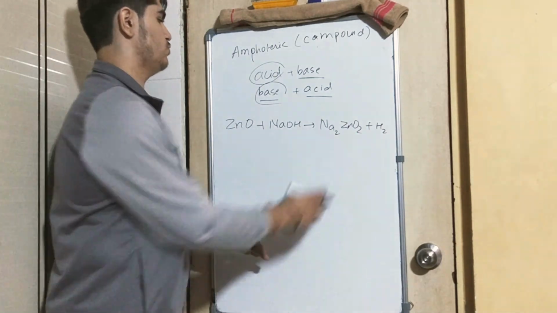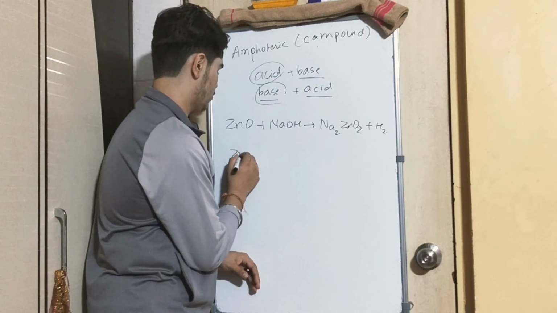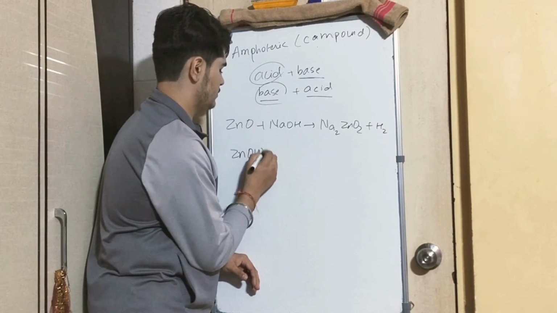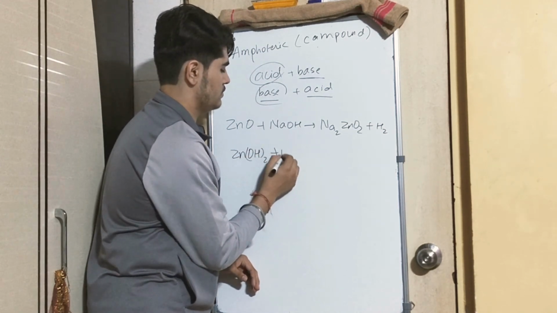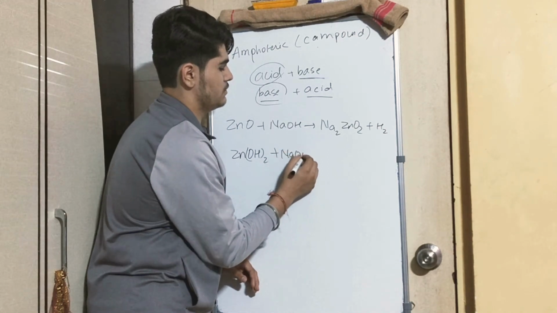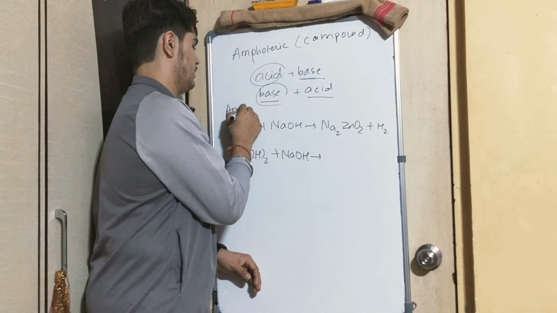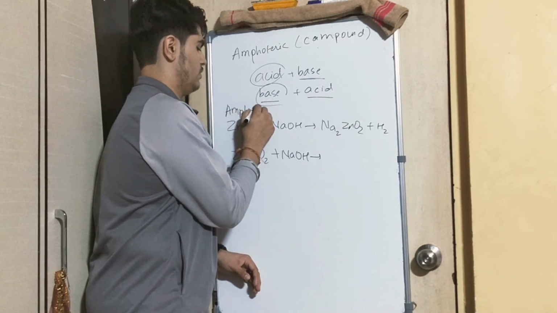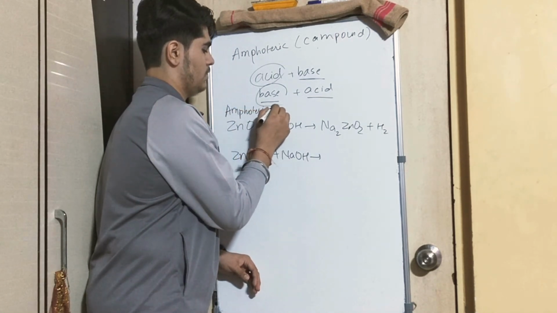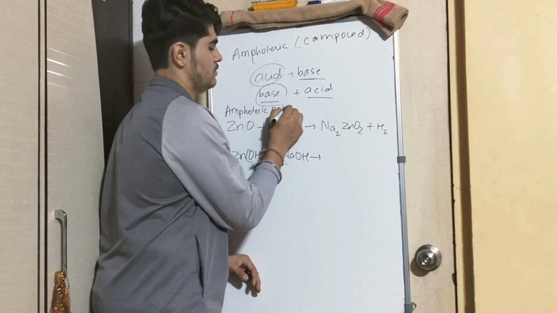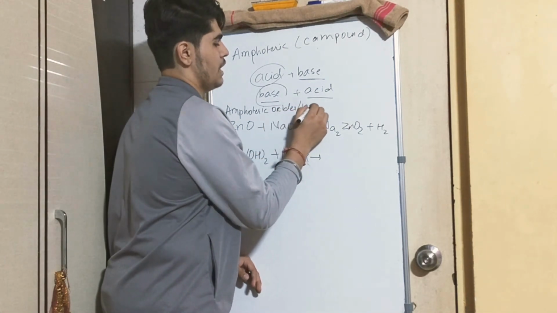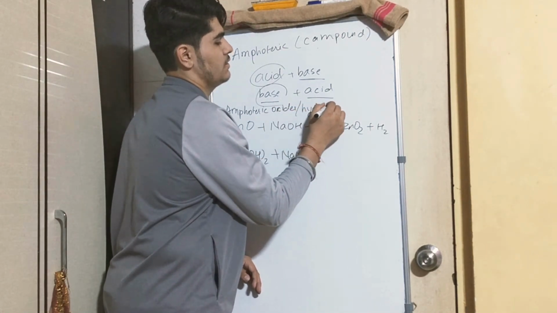Understanding, it will give water. And if you react with hydroxides, Zn(OH)2 plus NaOH gives, this is hydroxide, amphoteric oxides or hydroxides.